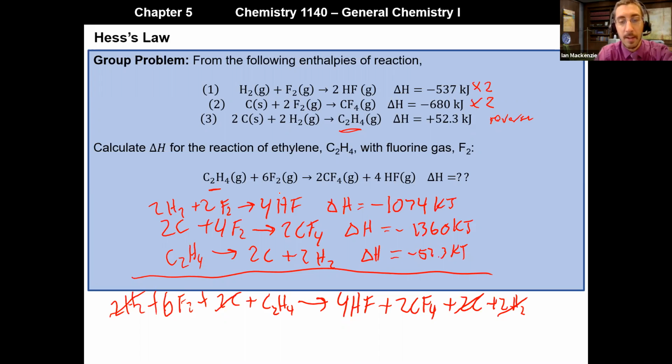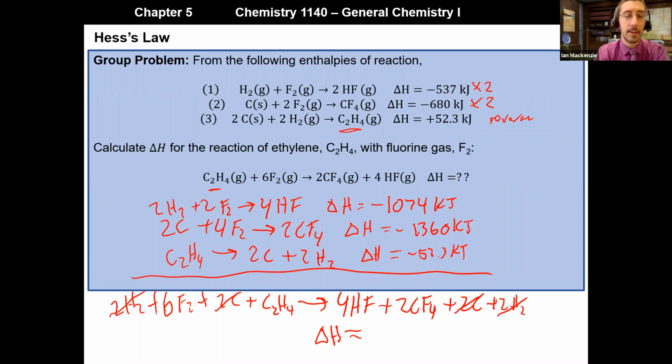And I sum up the individual enthalpies, and what I come out with then is, for this reaction, I should have negative 1,074 plus negative 1,360 plus negative 52.3, and I should come out with a large number here.